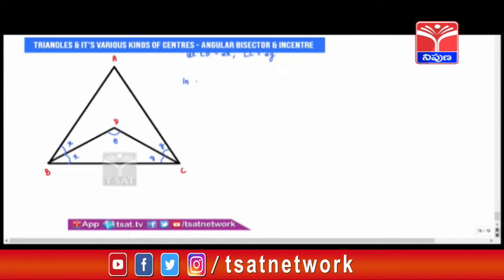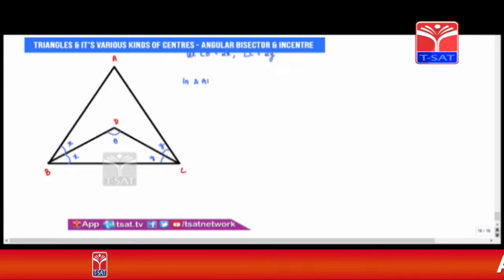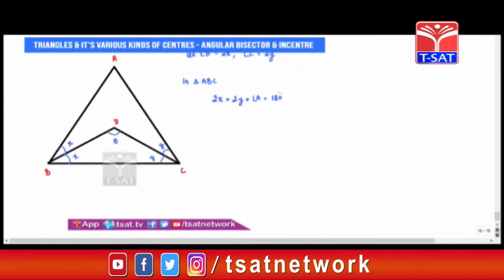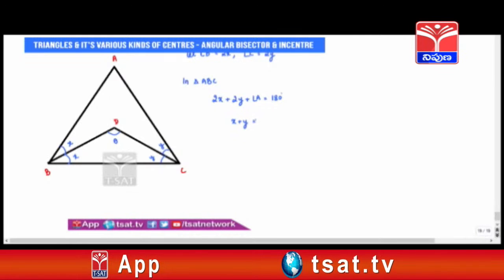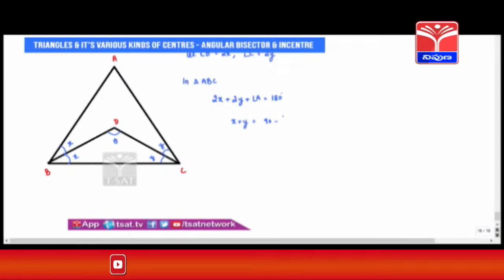First, in triangle ABC, 2x plus 2y plus angle A is equal to 180. Divide everything by 2, x plus y is equal to 90 minus angle A by 2.